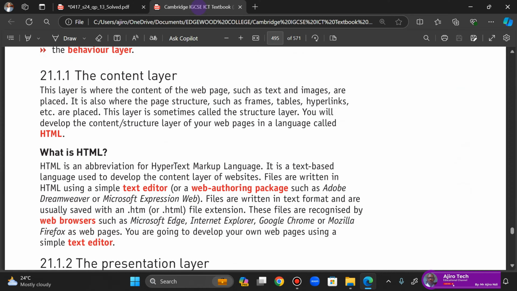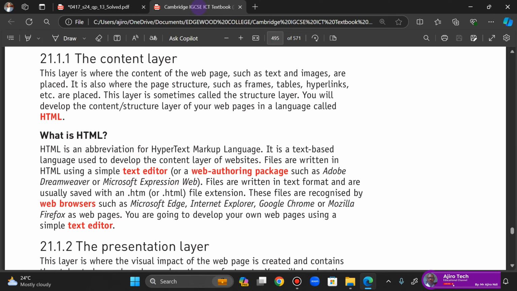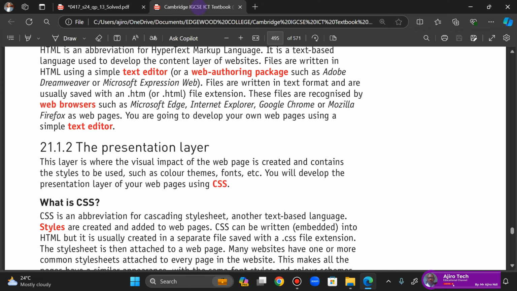So you can see that for the content layer, this is where the content of the web page are placed for the presentation, and also it has the page structure such as your frames, tables, and your hyperlinks. Okay, for the presentation layer, what are we having? This is the visual impact of the web page, and it also contains the styles.